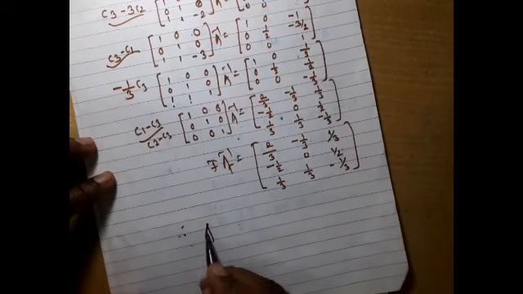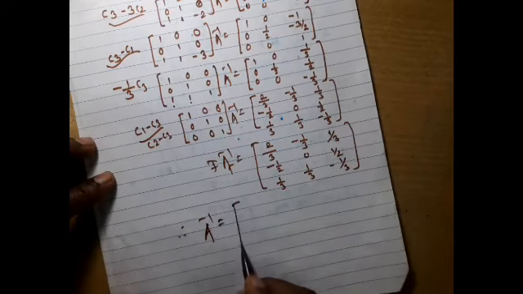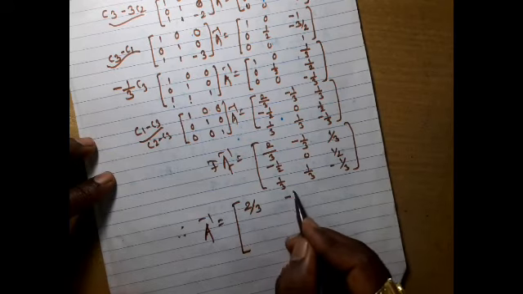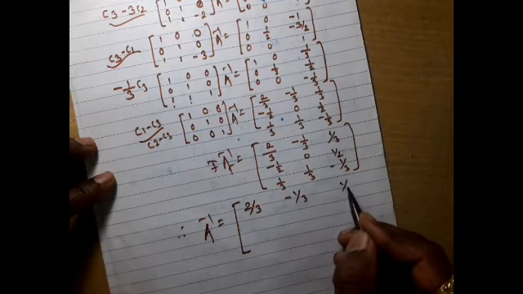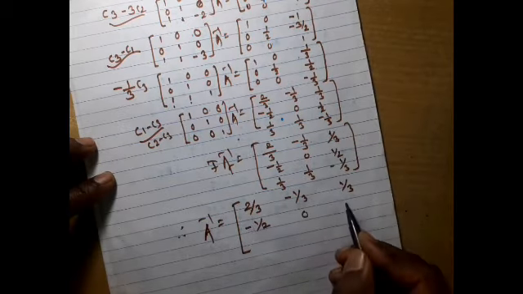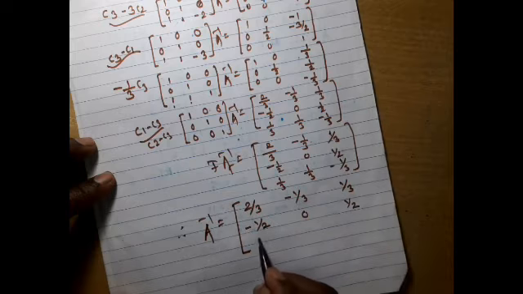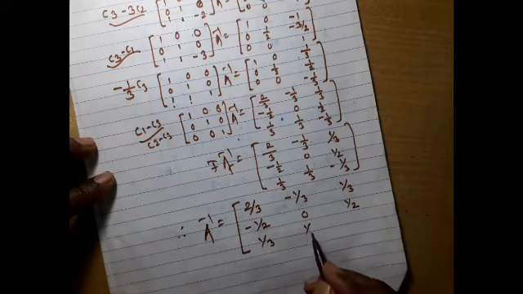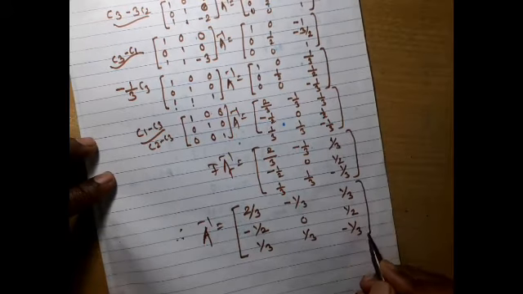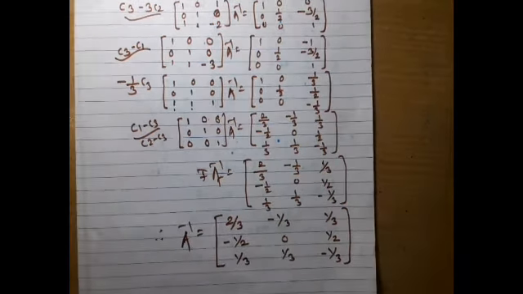Therefore, final answer is A inverse is equal to 2 by 3, minus 1 by 3, 1 by 3, minus 1 by 2, 0, 1 by 2, 1 by 3, 1 by 3, minus 1 by 3. This is the A inverse.